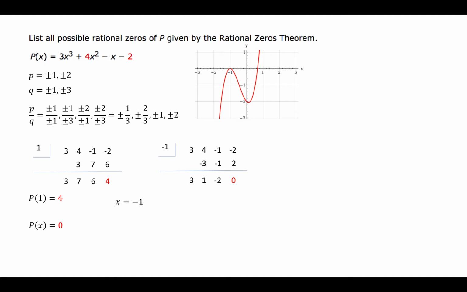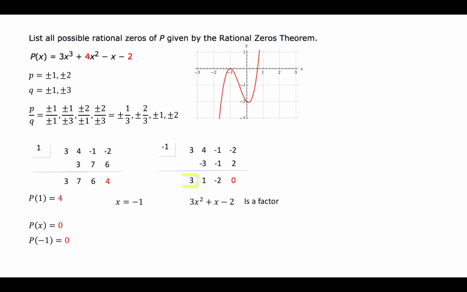This means that we found a value for x, negative 1, which will make the polynomial p equal to 0. So this value, x equal to negative 1, is called a 0 or a root. We suspected that it would be when we were looking at the graph.